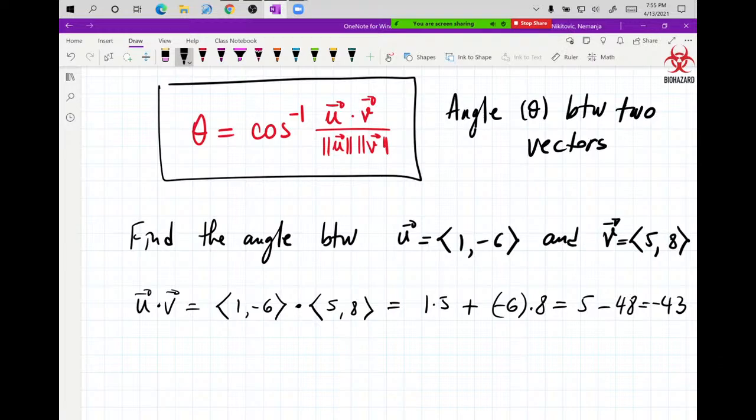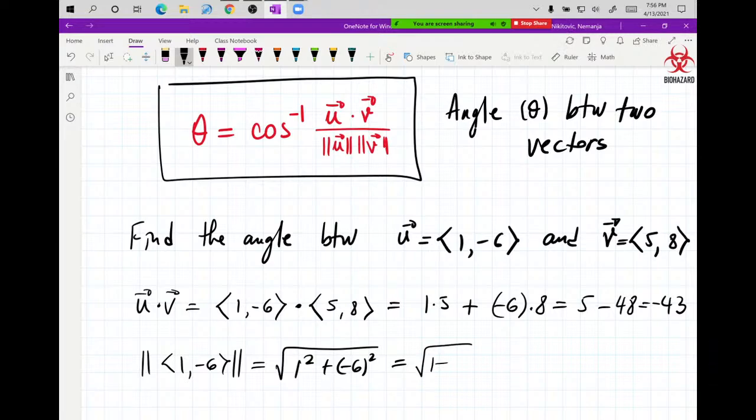We need the magnitude of vector (1, -6). The magnitude is simply the square root of 1 squared plus negative 6 squared, which gives us the square root of 1 plus 36, which is the square root of 37.